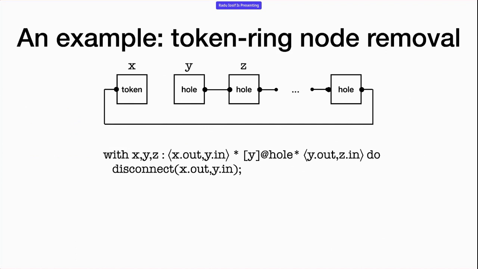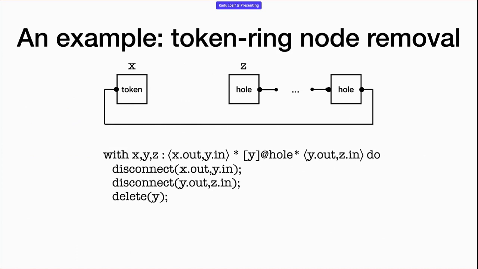And these X, Y, Z are just placed on these 3 components, where Y is the central component in state hole. And then the first step, only the first step is atomic, and this will disconnect now the left interaction of Y. Then we disconnect the right one, we remove the component and reconnect X and Z.